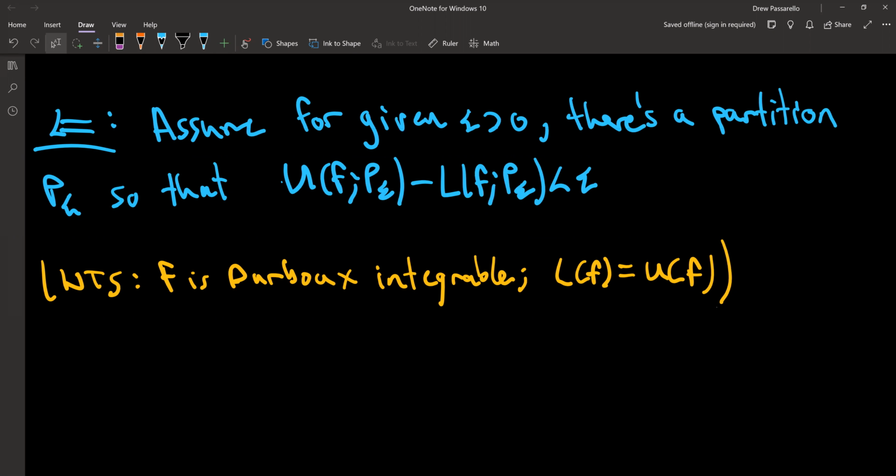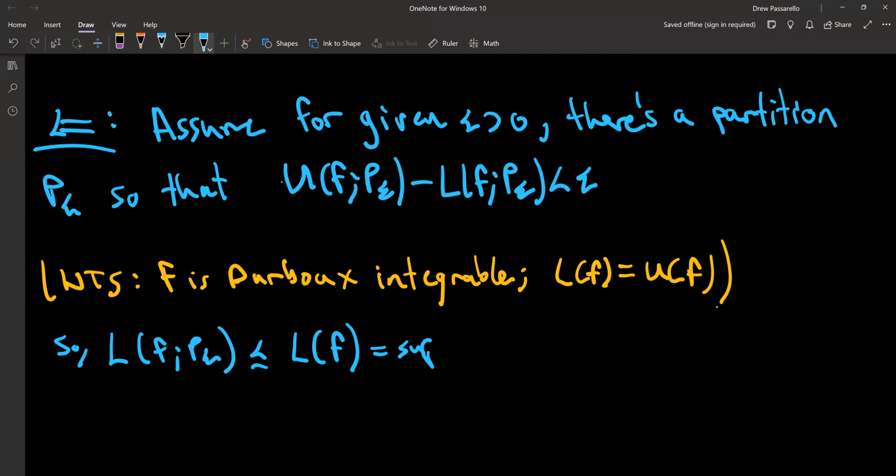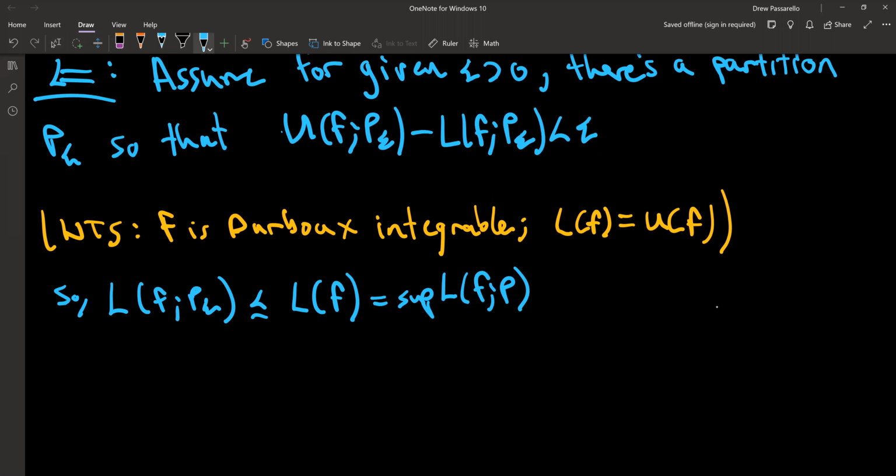So we know our particular lower sum with partition P of epsilon is less than or equal to L of f, because that's our sup of the lower sums of all partitions. And so that's true if and only if negative of L of f of partition P of epsilon is greater than or equal to negative L of f.